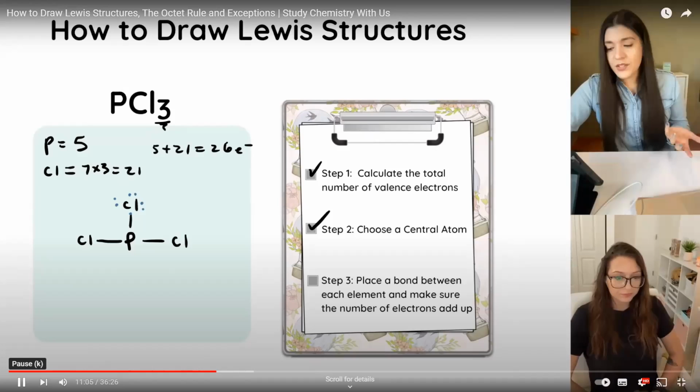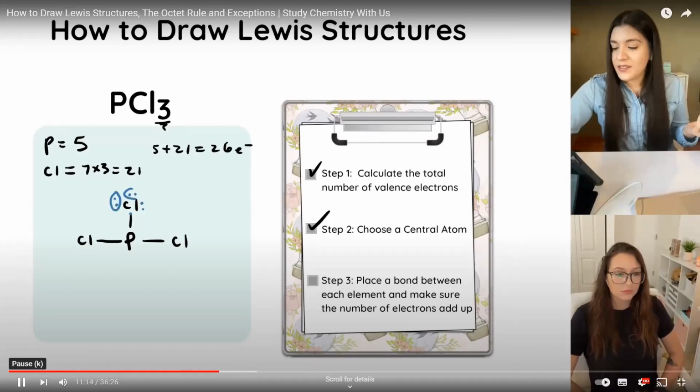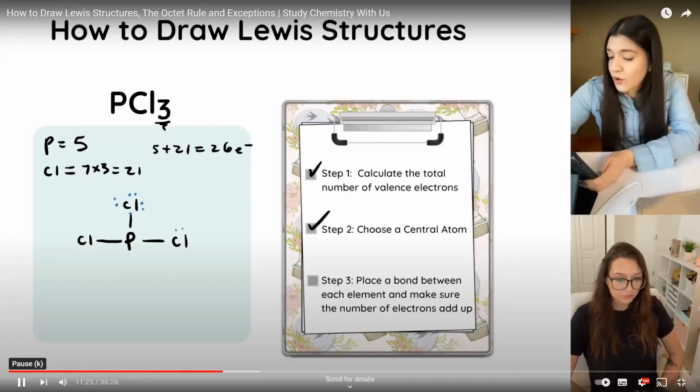So there's going to be 6 electrons, 3 lone pairs, if that makes sense. These are the 3 lone pairs on the chlorine. Is this making sense so far? Mm-hmm. Okay, cool.